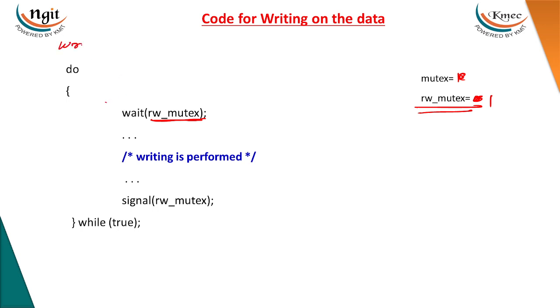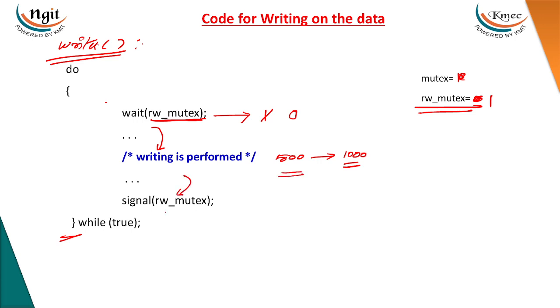The writer process is a continuously executing process, a do-while loop. It executes wait on rw mutex, decrementing the value from 1 to 0, then enters and modifies the content. So if it is 500, it will be changed to 1000. Then after modifying it, it comes out and executes signal on rw mutex. So it goes from 0 to 1, because signal increments the value by 1, so that the next process can modify the data.